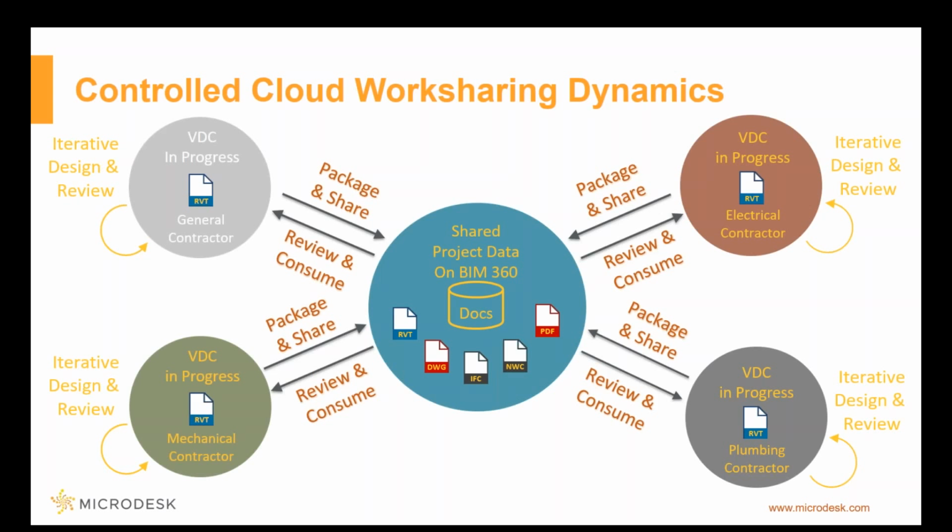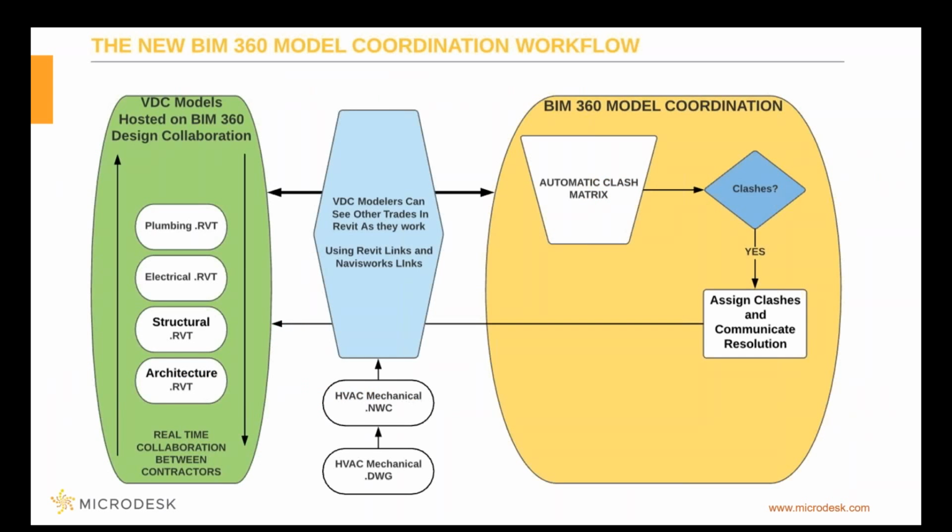So this is the new BIM 360 coordination workflow. VDC models can be hosted on BIM 360, and you can use the design collaboration tools as well as the model coordination tools to see in real time and collaborate between other contractors.